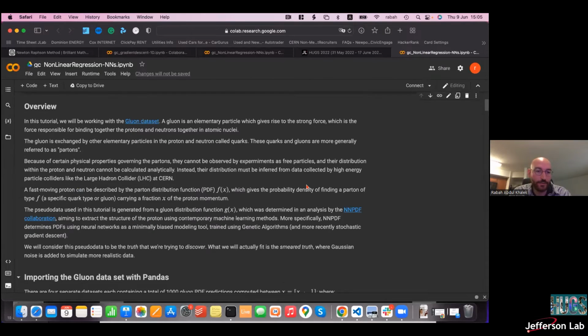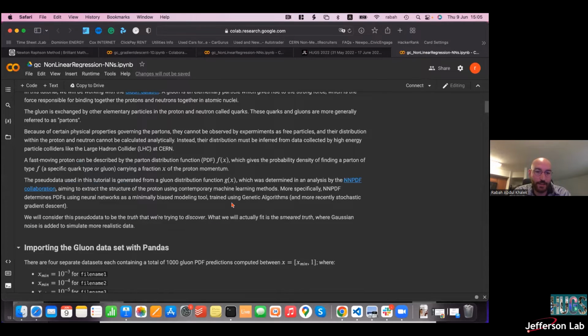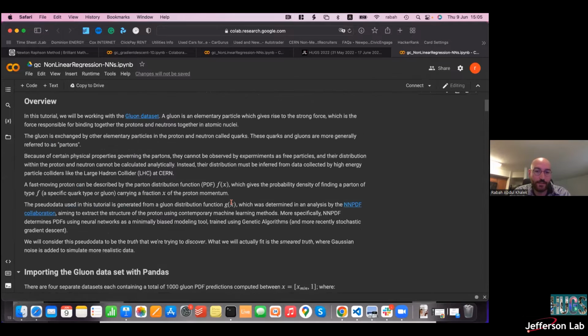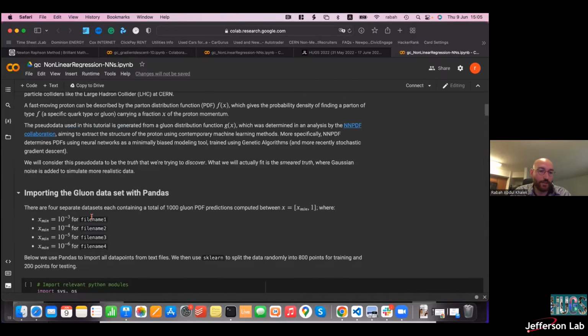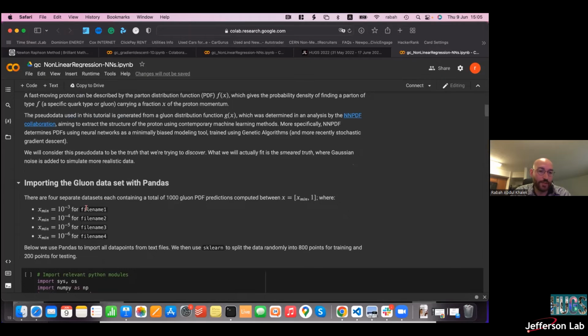All right, you can, if you want, skip that. But what you want to know is that I'm taking the gluon, as I showed you before, and I'm considering 4 different files where I have the gluon evaluated from x equal 10 to the minus 3 to 1, 10 to the minus 4, 10 to the minus 5. So I have 4 different data sets, each one with a different range of x.